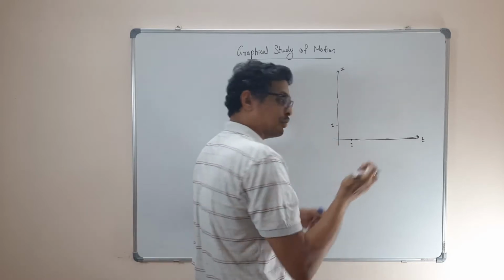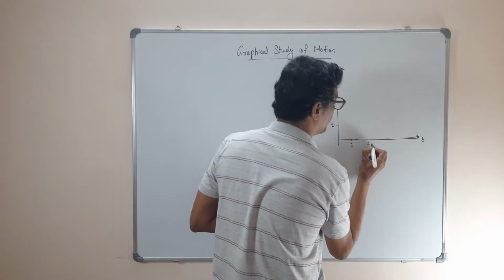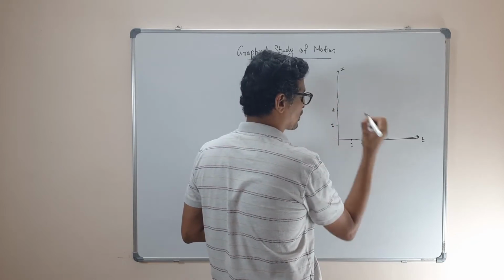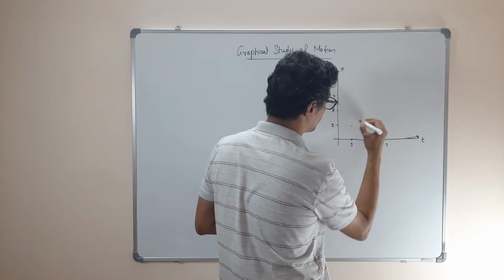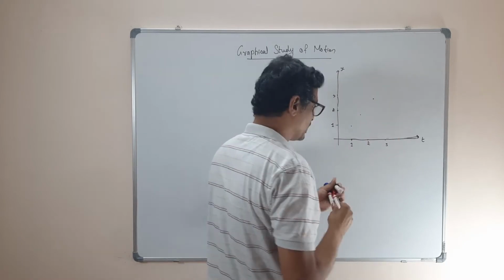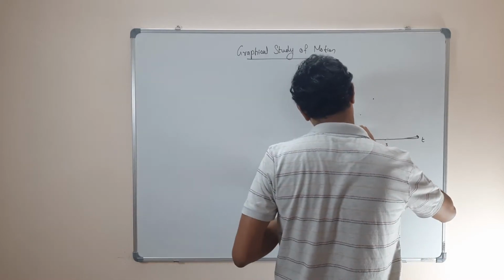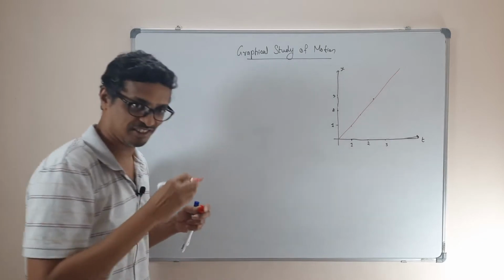If it is a lazy guy, it will go only 1 meter. Then in 2 minutes, it has moved by 2 meters, equal distance in equal intervals of time. And in 3 minutes, it moved by 3 meters. So when you put up the points, these points all will fall on a straight line. Am I right? So this is what you call uniform motion.